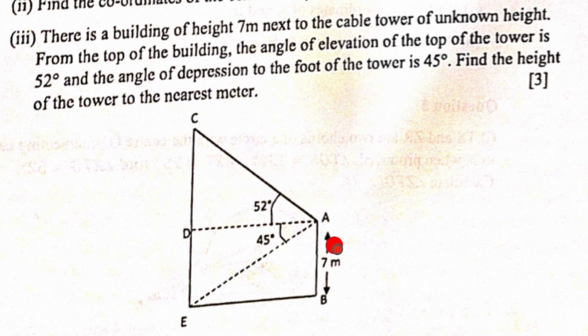We show the horizontal at A, and the angle of depression of the foot of the tower from the same place. So we look up at the top of the tower, we look down at the foot of the tower, and this angle is 45 degrees. Find the height of the tower, that is CD plus DE, to the nearest meter.